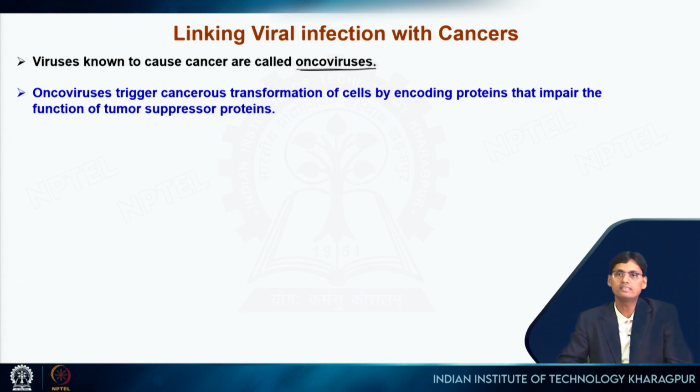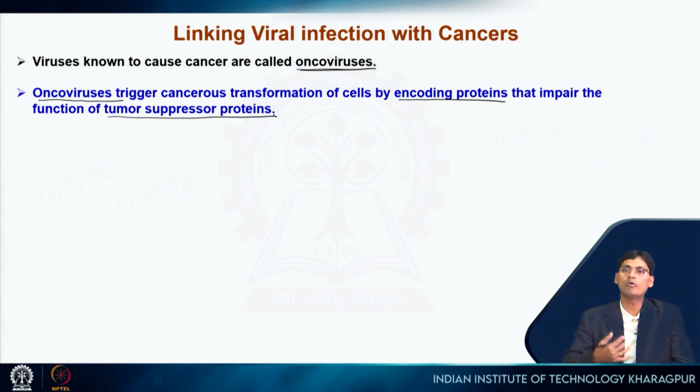Now, what is the mechanism here? Oncoviruses trigger cancerous transformation of cells. How? The viral genome encodes some protein, and that protein impairs the function of tumor suppressor protein. As you know, in our body we have many tumor suppressor genes, and they make tumor suppressor proteins.